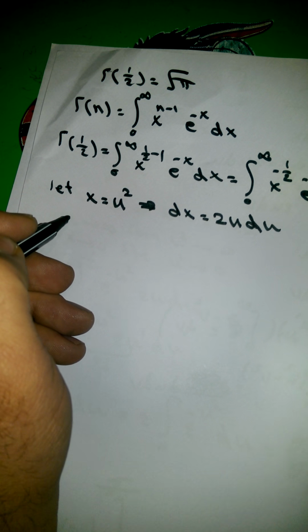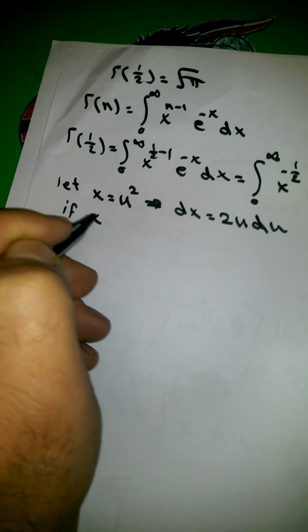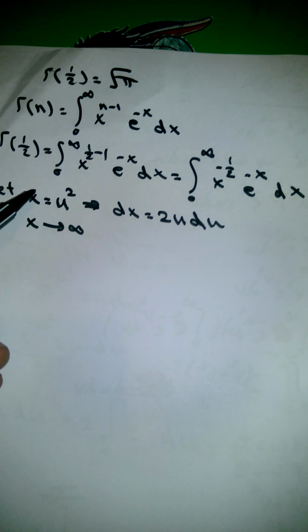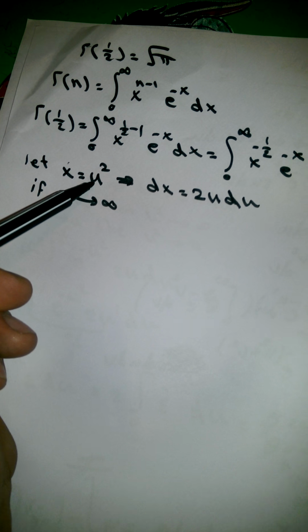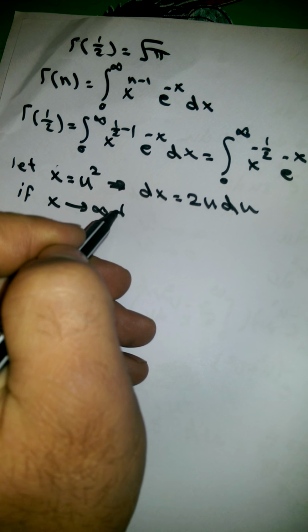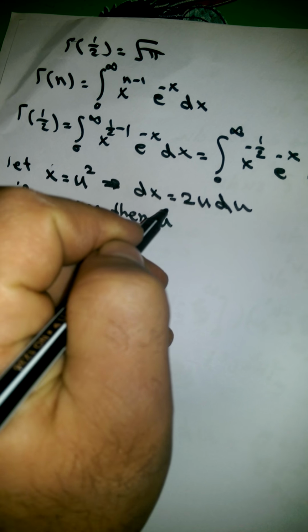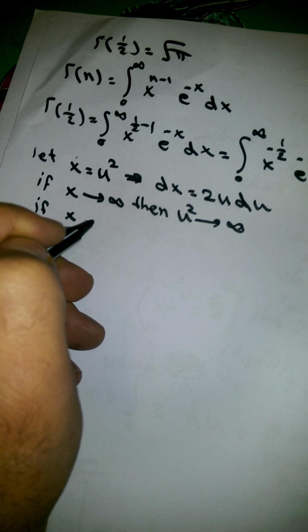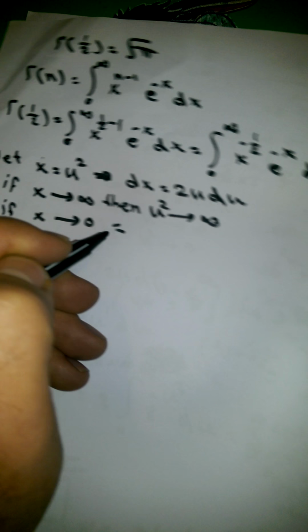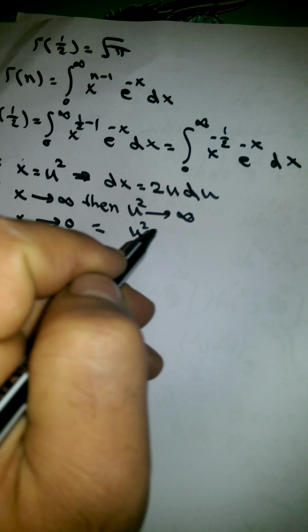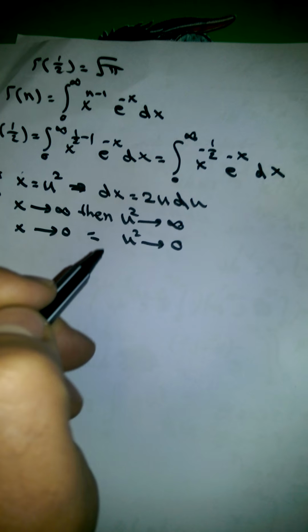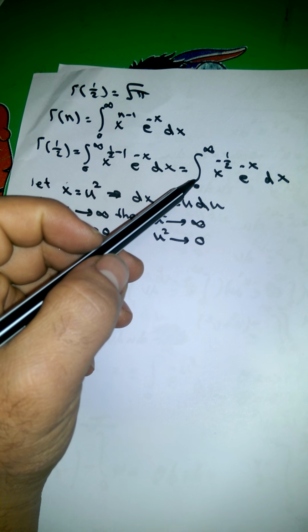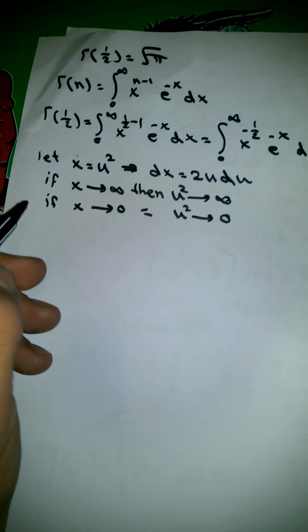If x approaches infinity, then the value of u square approaches infinity. And if x approaches 0, then the value of u square approaches 0. Then the boundaries of the integral are the same.